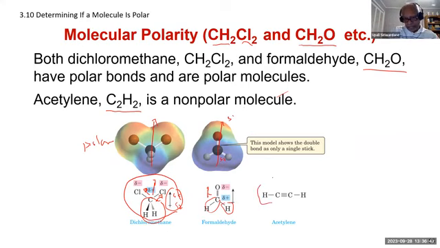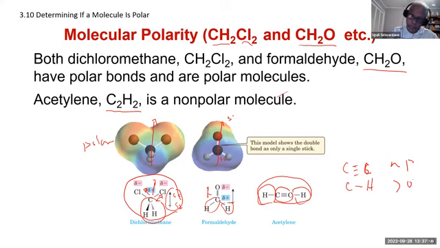In acetylene, none of these bonds are polar covalent bonds. The carbon-carbon bond is non-polar because electronegativity difference is 0. Carbon-hydrogen bonds are less than 0.5. Therefore, they are considered non-polar. This molecule is non-polar because it doesn't have any polar covalent bond.